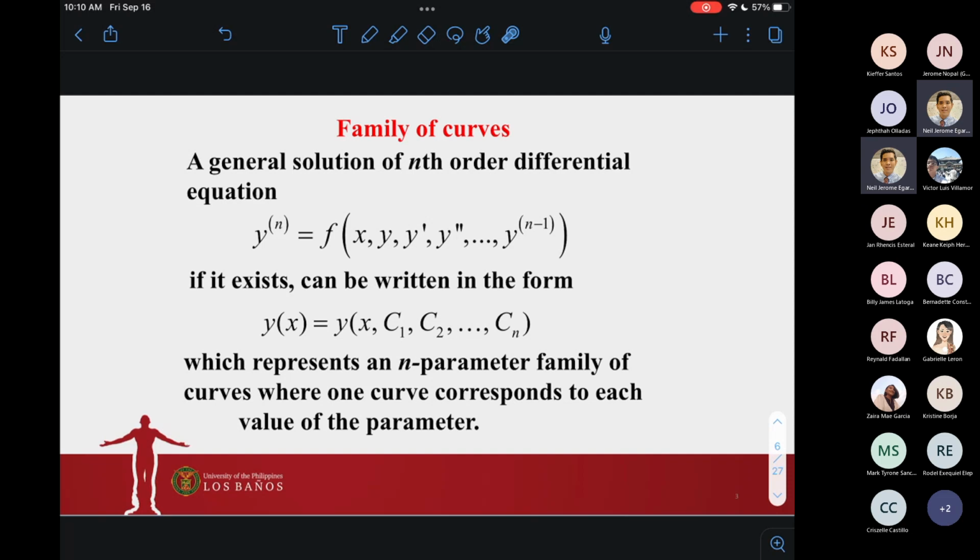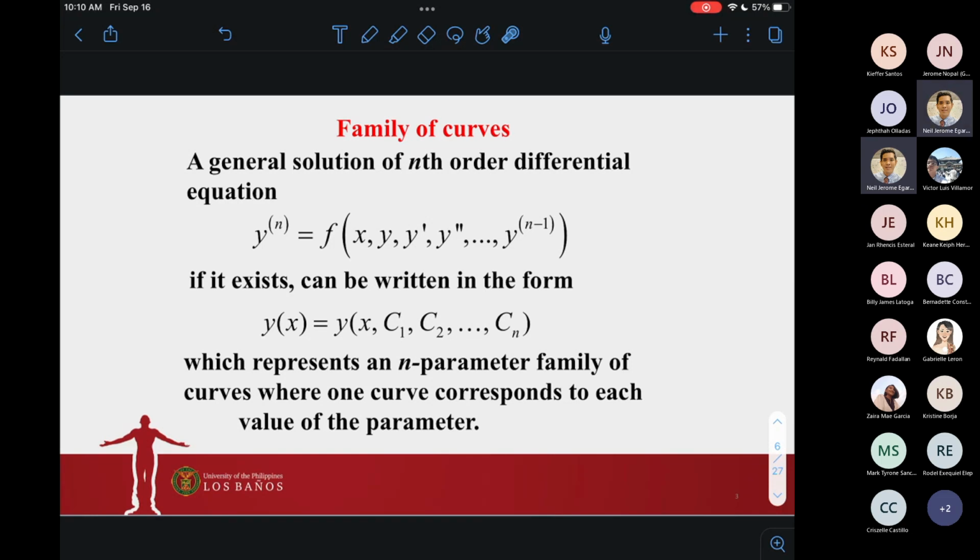So kung meron kang nth order differential equation, you can find infinitely many solutions, pero you can write it in a generic form that is dependent on n parameters, C1, C2, and Cn.